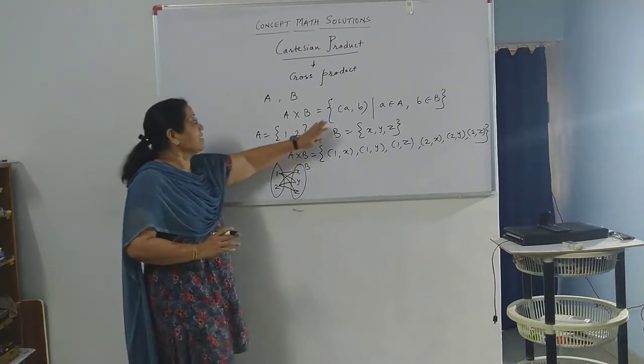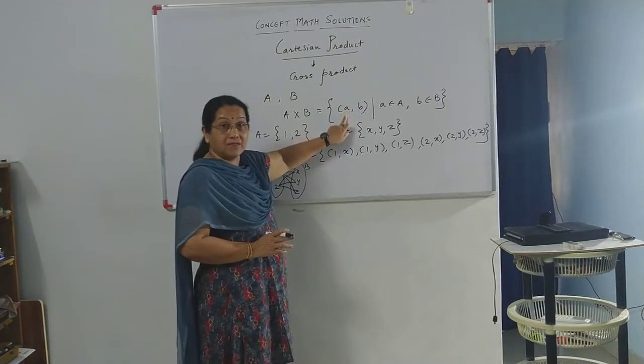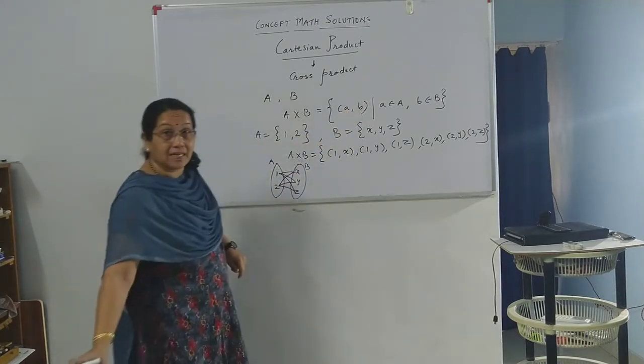Now, when we said ordered pair (a, b), it means the first element is in the first set, the second element is in the second set.